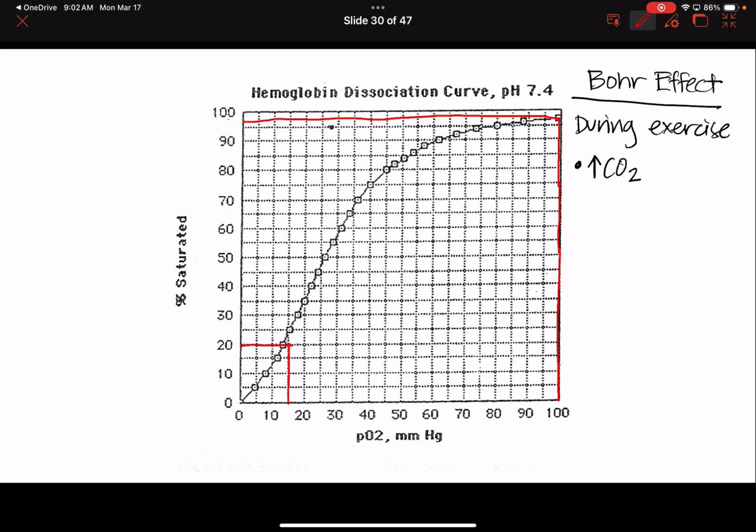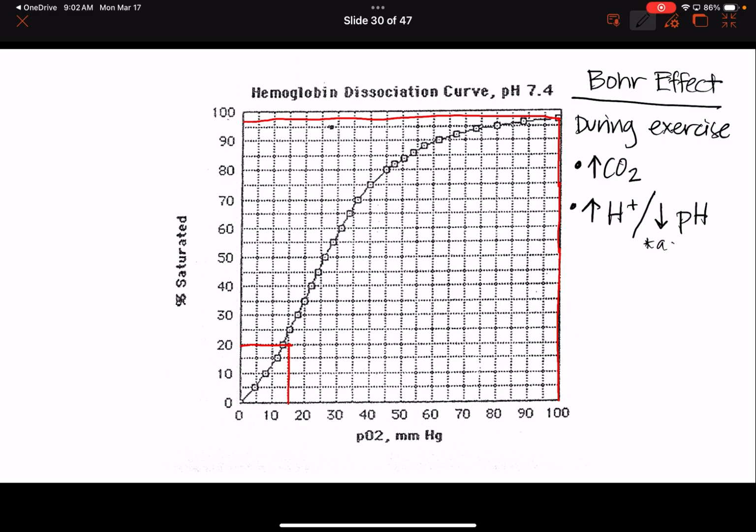It scared me. Okay. So during exercise, CO2 increases, and because of the relationship I just showed you with that bicarbonate buffer equation, hydrogen ions also increase. And we said that does what to pH? Decreases pH.